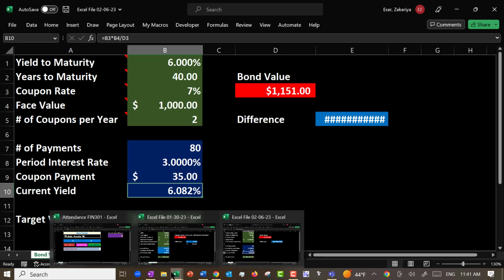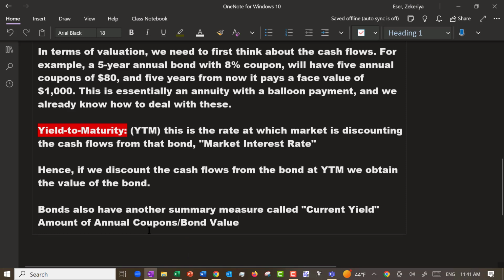And another definition, we call a bond a discount bond if face value is greater than bond value.